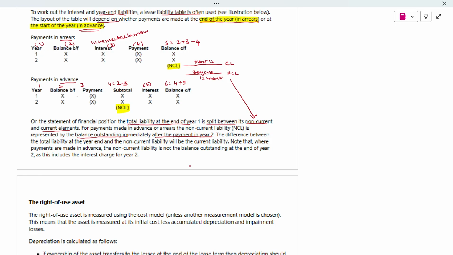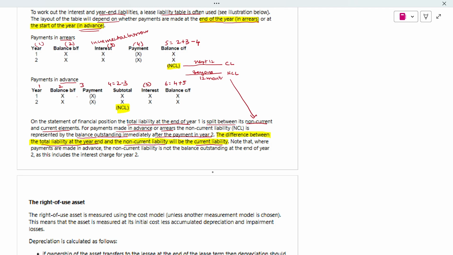The difference between the total liability at the year end and the non-current liability is the current liability. I am highlighting this.